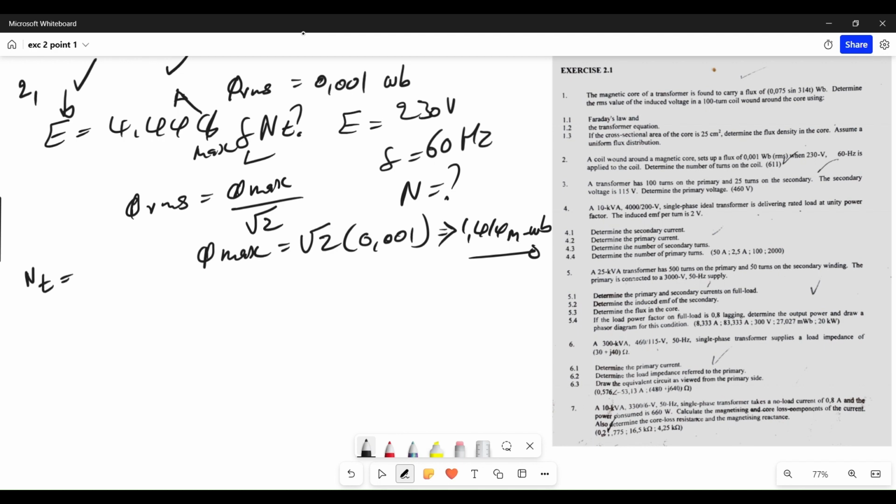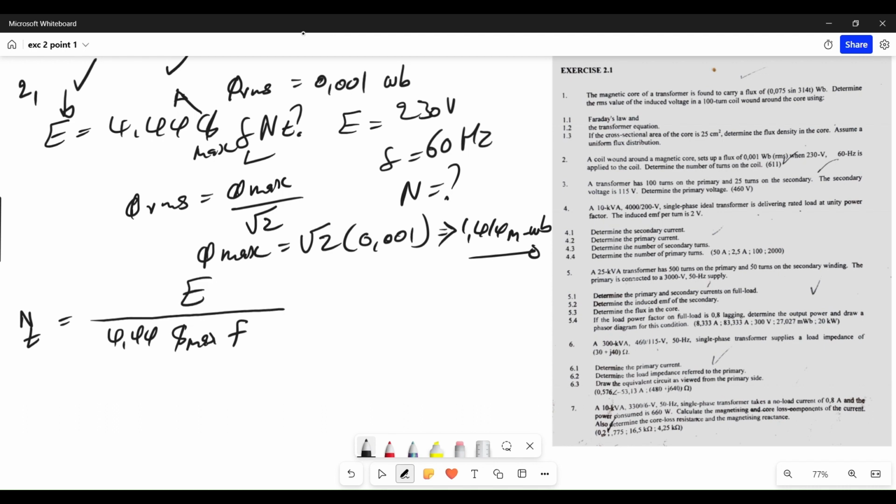So we're gonna have, let me write it properly, N is equal to E over 4.44 flux max times frequency.